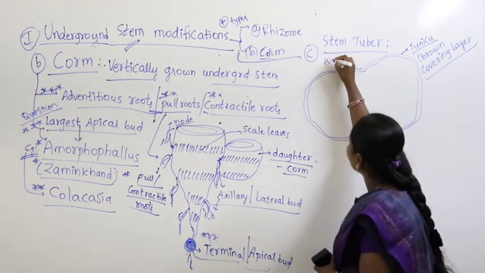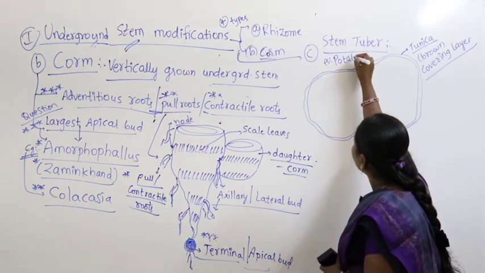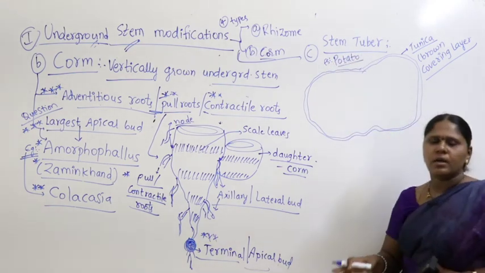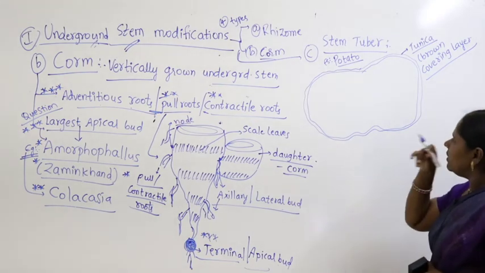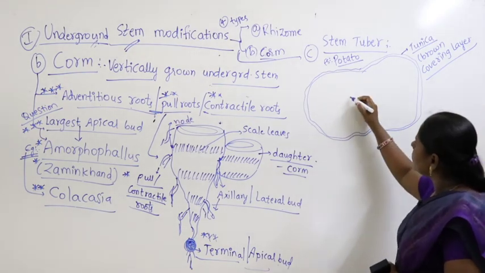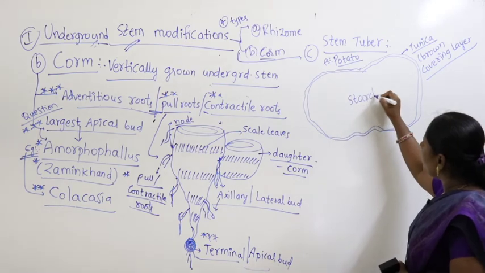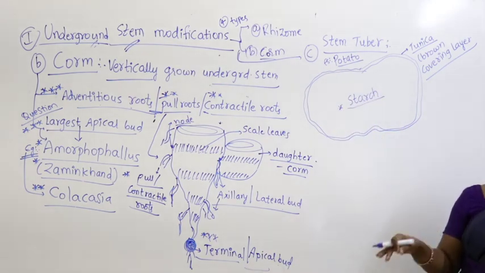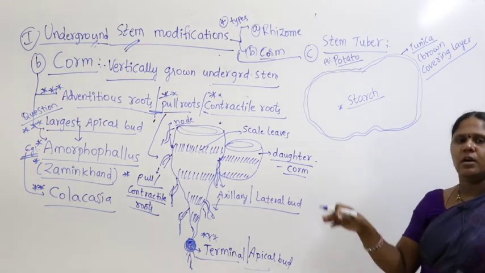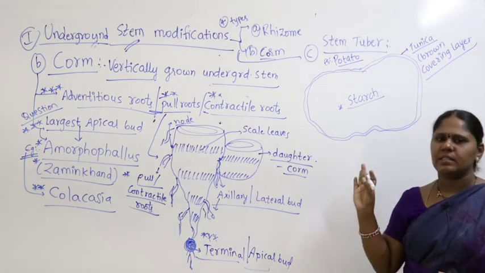I am drawing a potato. Potato is a good example for stem tuber. And in this case, it stores the food material starch. What is the food material it stores? It stores the food material called starch. In potato, the reserve food material is starch.